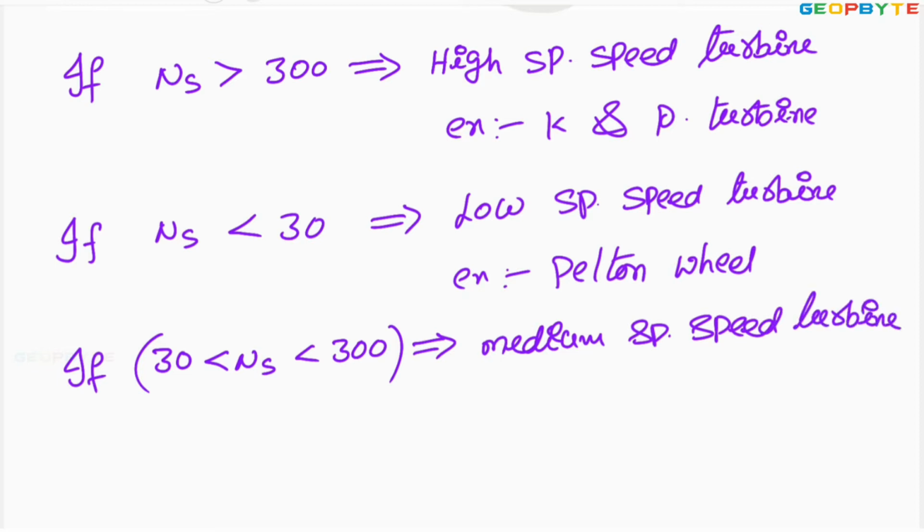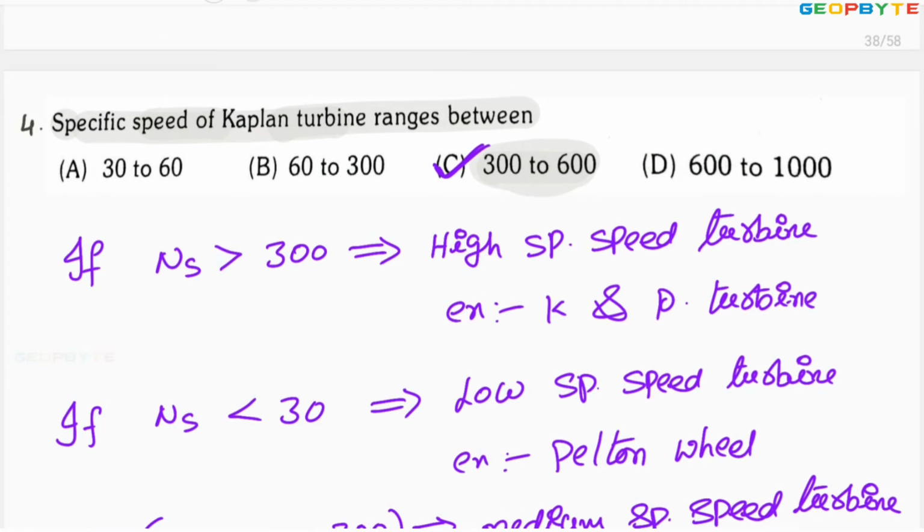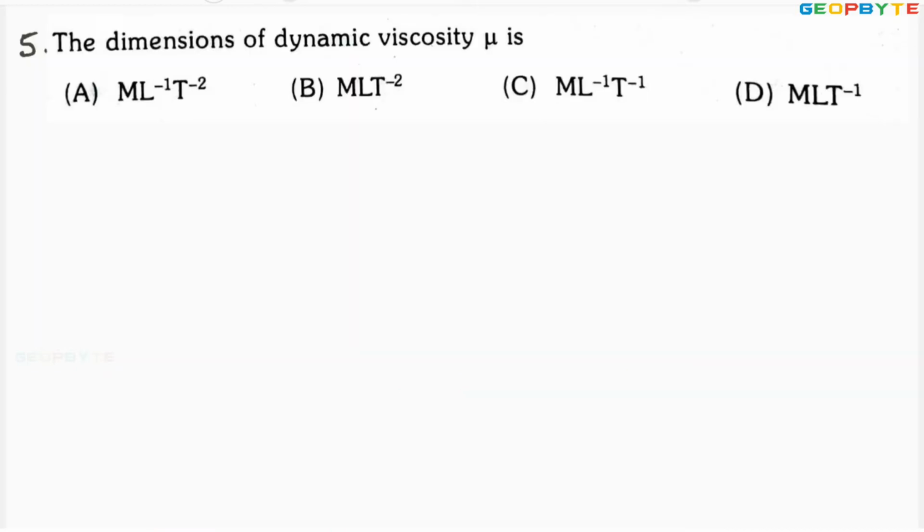The example for medium specific speed turbine, Francis turbine. Anyhow, the Kaplan turbine specific speed range you can take from 300 to 600. Therefore, option C is absolutely correct. Let us go for another problem. Look at the fifth problem.